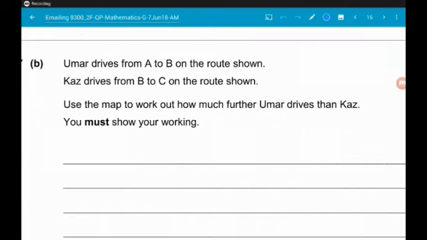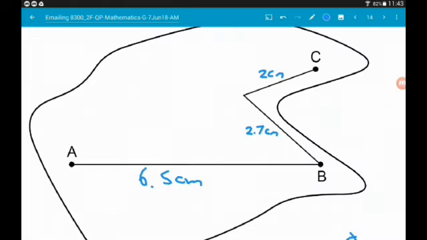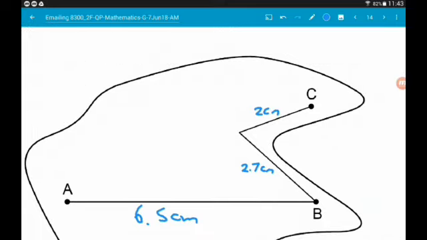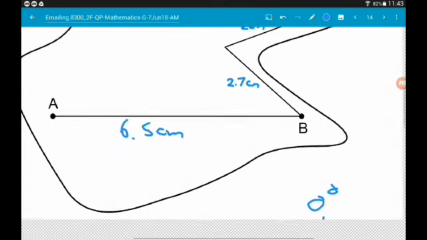Then for part B, we're told Umar drives from A to B on the route shown. Kaz drives from B to C on the route shown. We want to use the map to work out how much further Umar drove than Kaz. So we need to use the scale on the map. If this was printed out, we would find the length of A to B is 6.5 centimetres. Now remember, the scale is hiding.